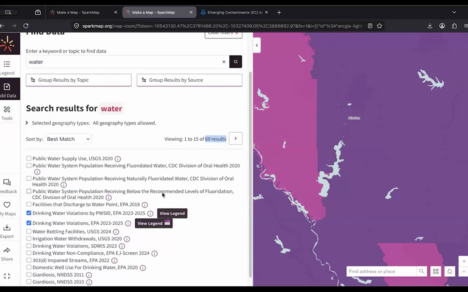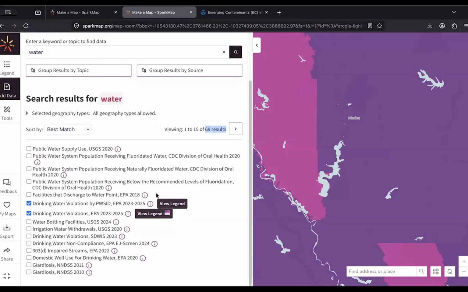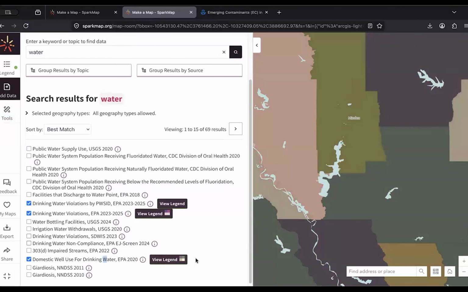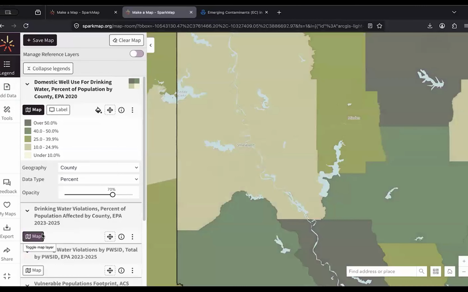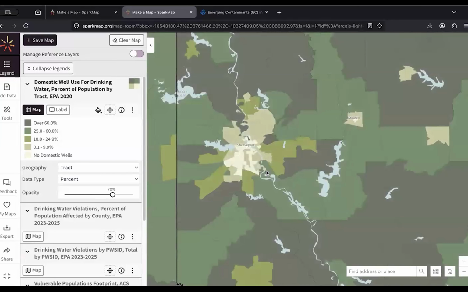And so one of the things that you can also look at are things like this grant helps with water testing. So is there good water testing going on? Do people have access to that? So without looking at the public water supply, we can also look at domestic wells, which I thought was also an interesting layer that we can look at by census tract as well.